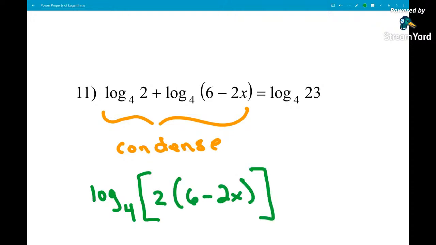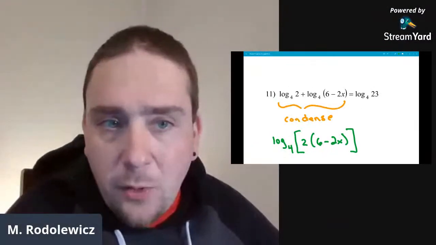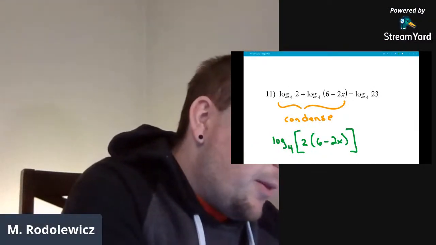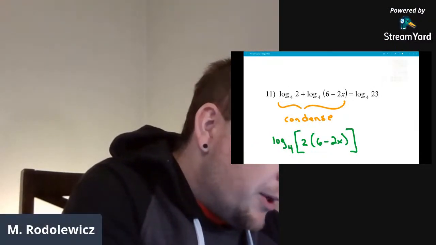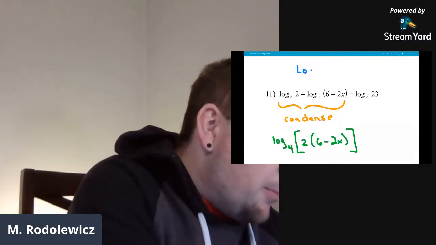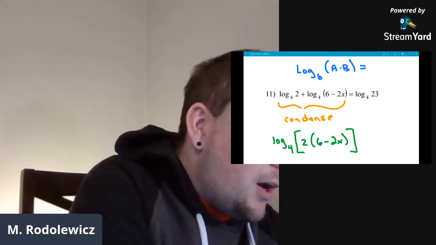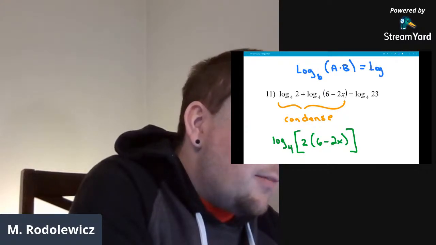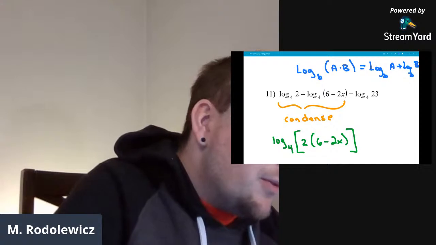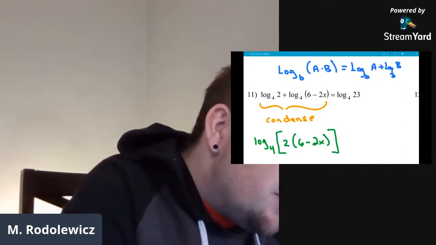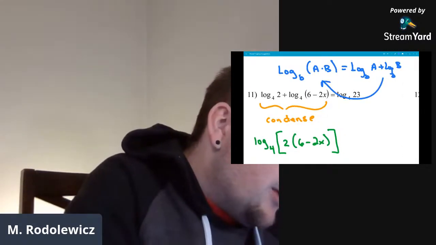All right. Let me slow down for a minute. I don't want to rush this. Let me just re-emphasize what I'm showing here. Log base b of a times b is log base b of a plus log base b of capital B, right? But when we condense, we're working this way.